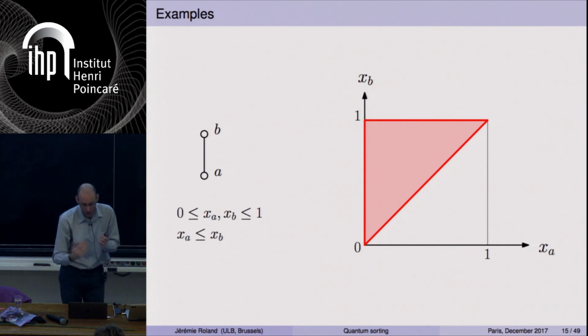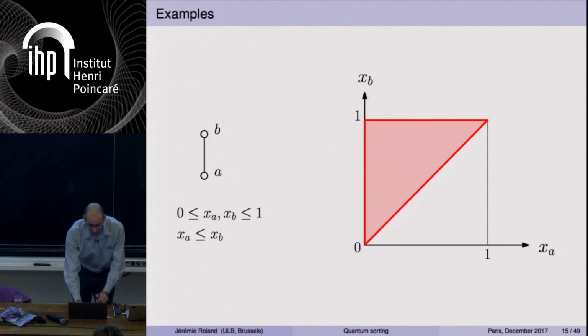So here, it's a poset over two elements with only one comparison which is imposed, B larger than A. And so the order polytope in that case is a subset of the square, because it's only two-dimensional. So xA and xB should be between 0 and 1. And also, since I have this constraint between A and B, xA should be less than xB. And so I get this triangle here.